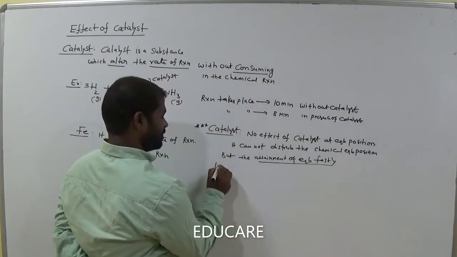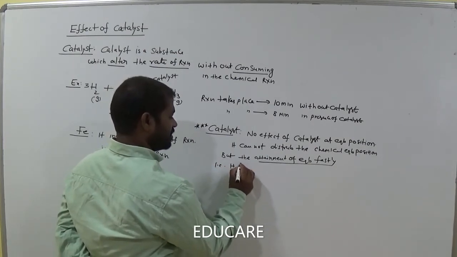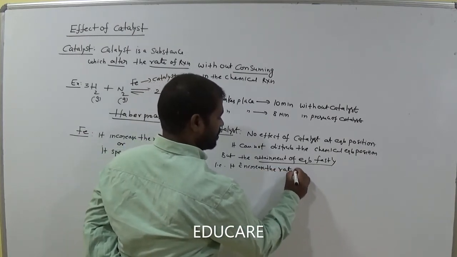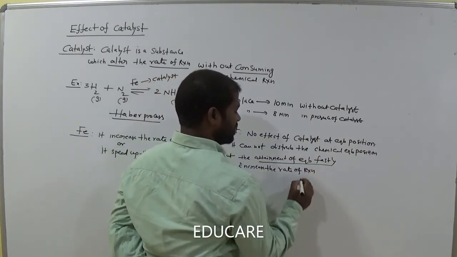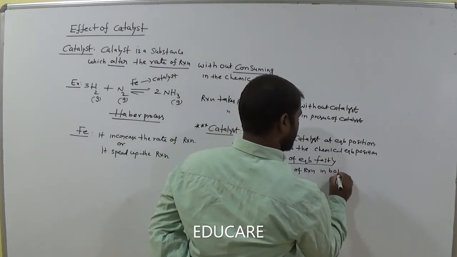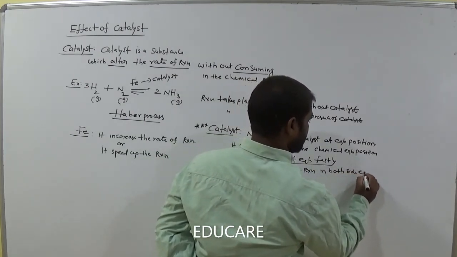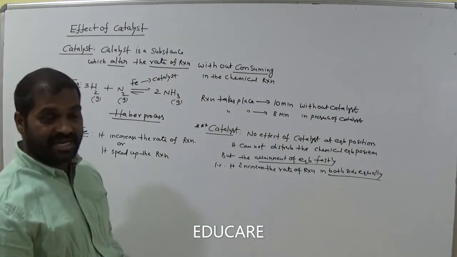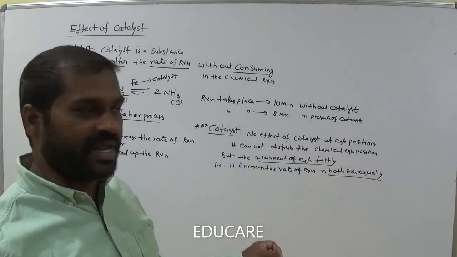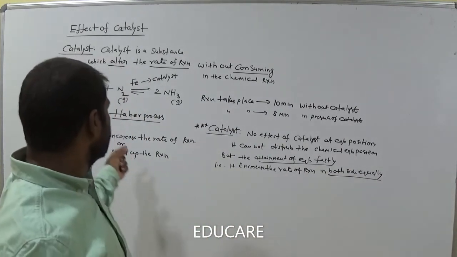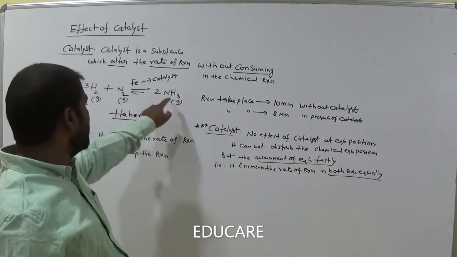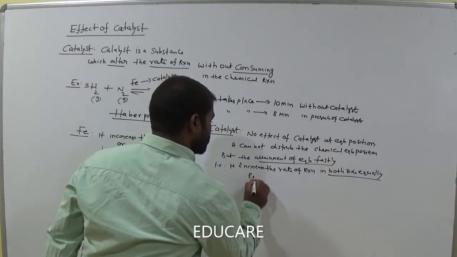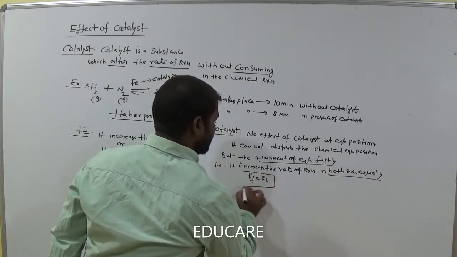That means it increases the rate of reaction in both sides equally, remember this. A catalyst increases the rate of the reaction equally in both sides. Speed of forward reaction equals speed of backward reaction. Am I right? So the rate of forward reaction equals the rate of backward reaction.